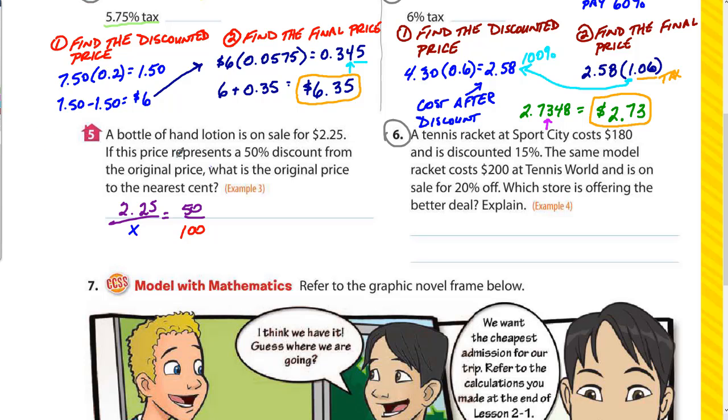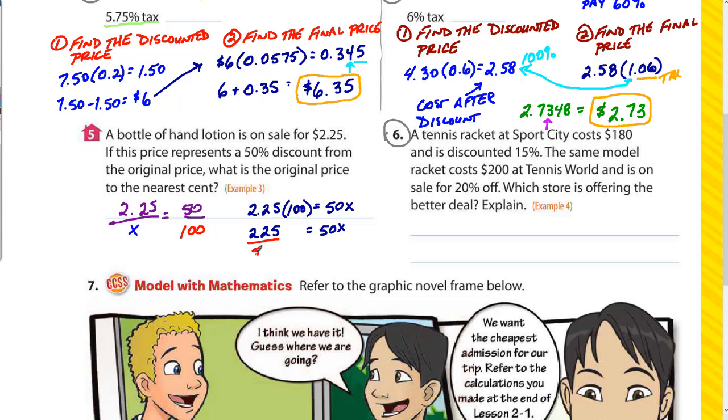So I'm going to use cross multiplying. I'm going to take the $2.25 and multiply that by 100, and that's going to be equal to 50 times x. When I multiply 2.25 by 100, I move the decimal 2 places, so I get 225 is equal to 50x.